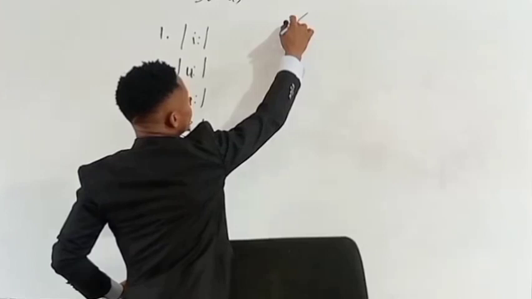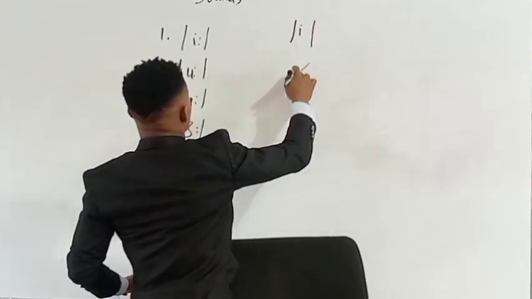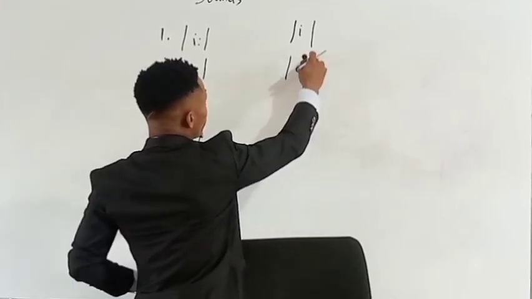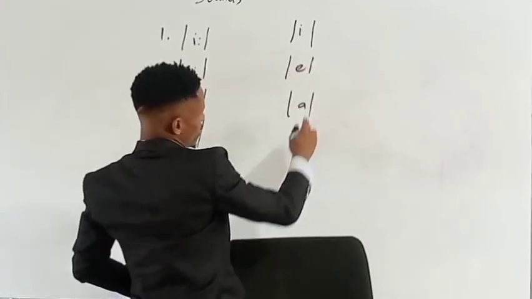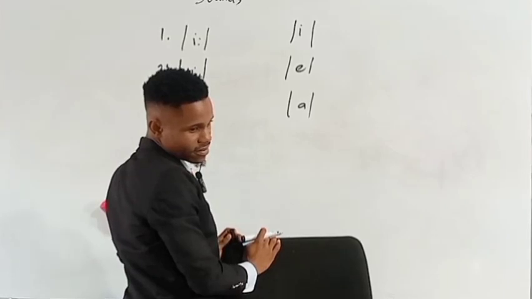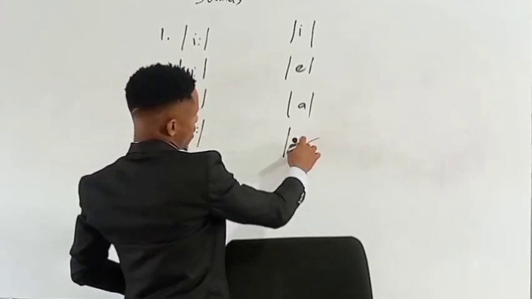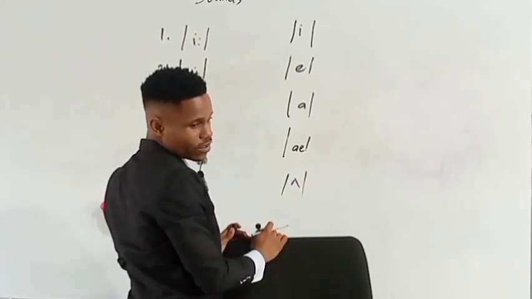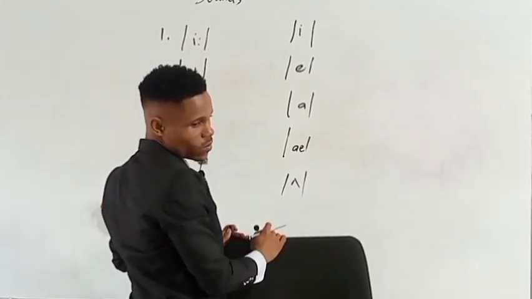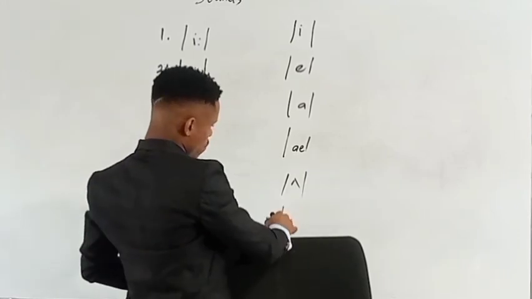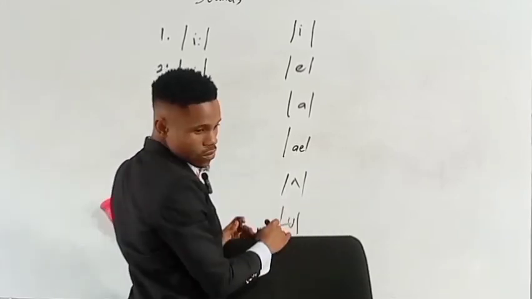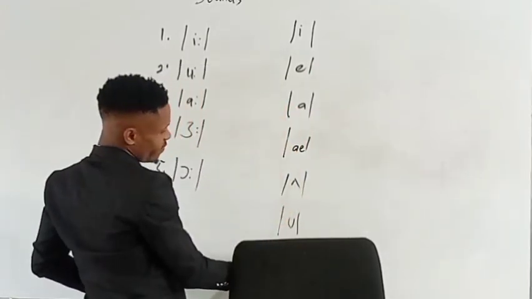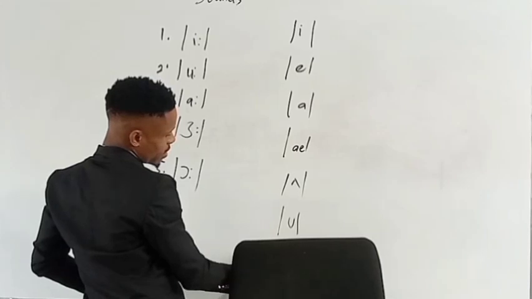We have E, we have A, and then we have an inverted V. And then we have U, we have O. Then we have an inverted A.